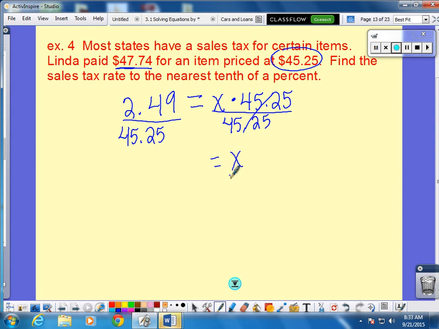And let's find the sales tax rate. What do you guys get?